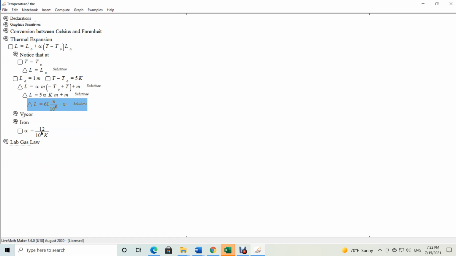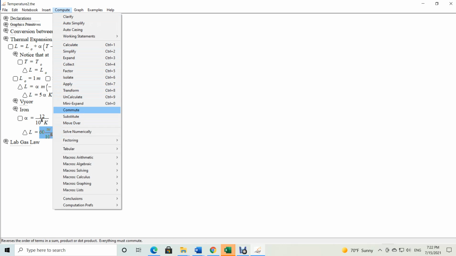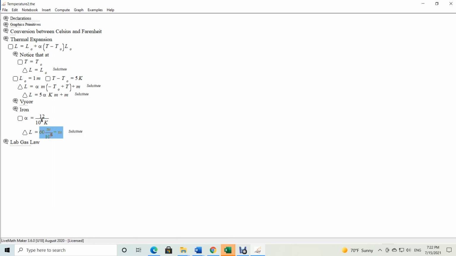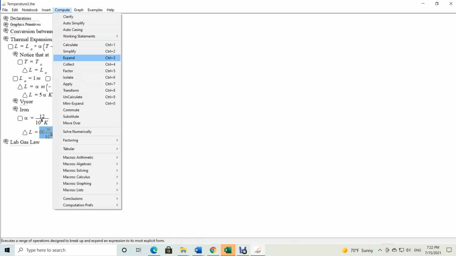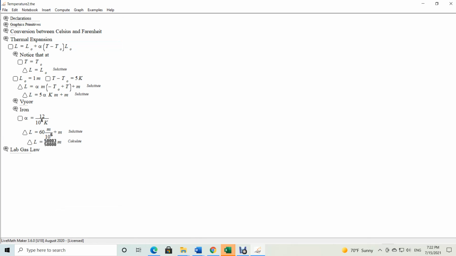And then what do we get? You get 60 microns, a little bit longer. Let's calculate it again, and expand it. Yeah, that's what we get.